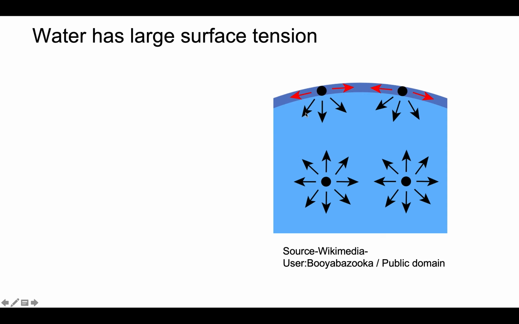So that would be an analogy to this one. And that leads to a high surface tension for water. So what is surface tension? Surface tension is a measure of how difficult it is to break through a surface. And different liquids have different amounts of surface tension.